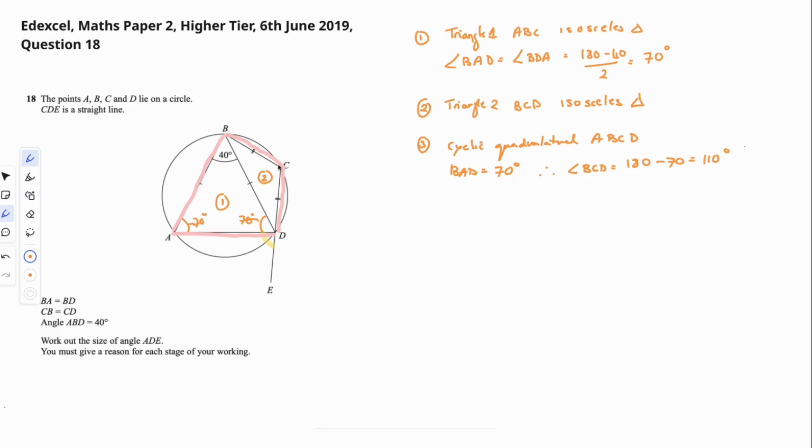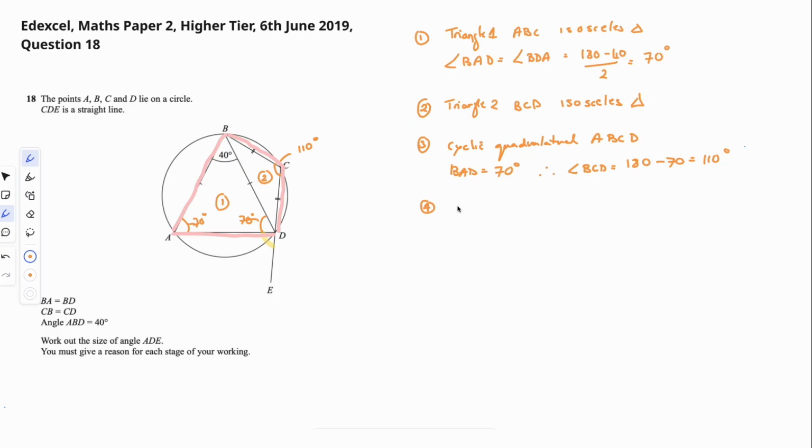So we now know that this top angle here is 110 degrees. So we now have a missing piece of information about our triangle 2, BCD, an isosceles triangle. Given that we know that this is 110 degrees, we can go ahead and work out these two angles, CBD and CDB.